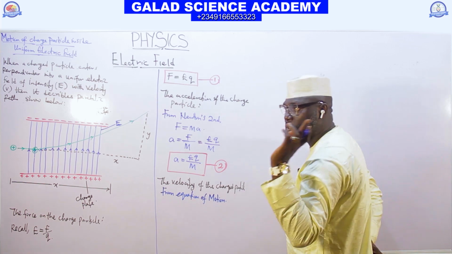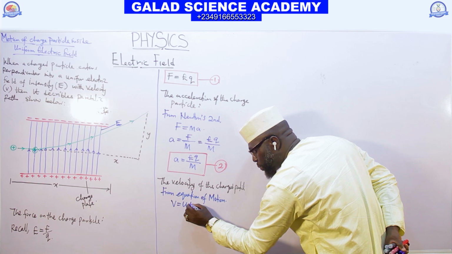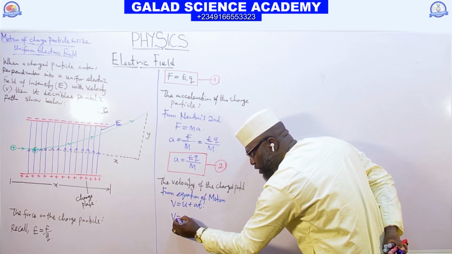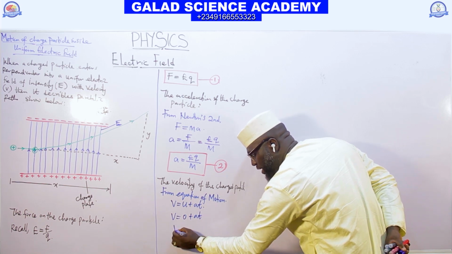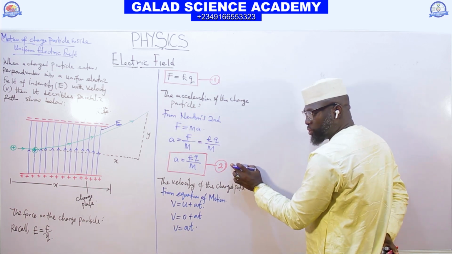We say that V should be equal to U plus AT. Here U equals 0, so the velocity will be AT. What is our A in equation 2?